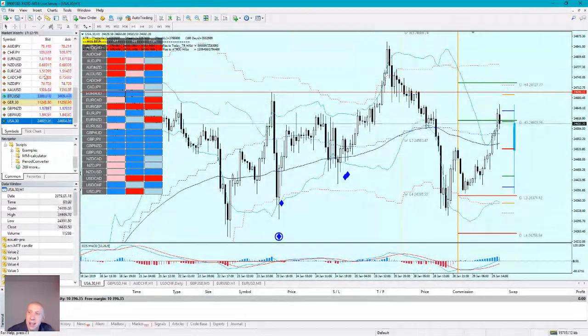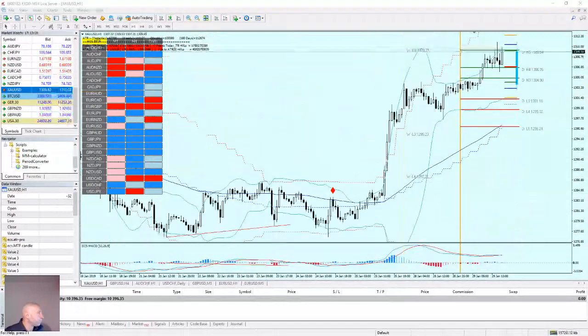Cody is asking, is gold a sell? Possibly. You see here, I'm just watching for setups. So let's see.